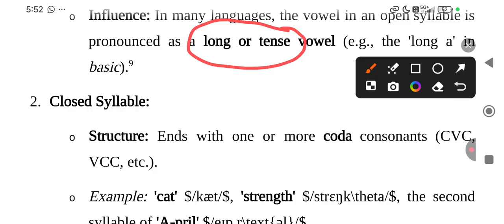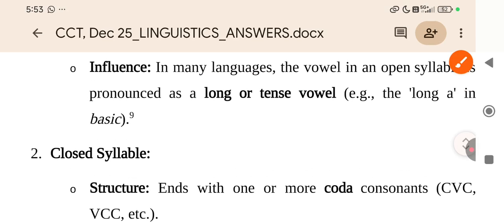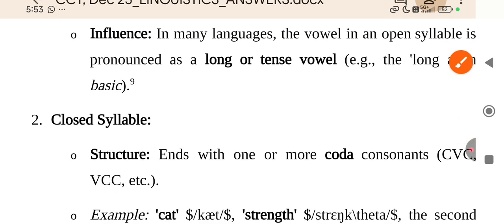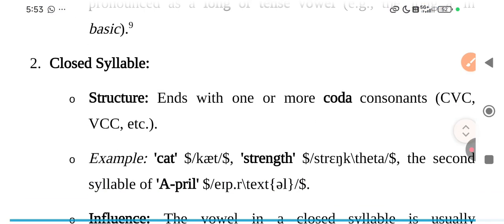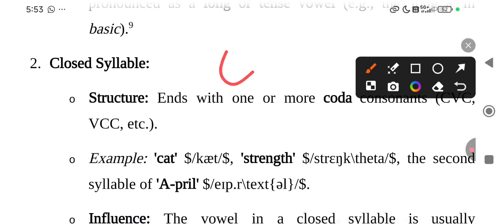An open syllable means the syllable must end with a vowel sound. I gave you examples: go, me, he, she. These are examples of open syllables, because in an open syllable this is the structure.